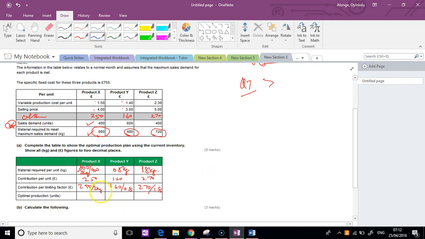When you do these, you should get 1.25, 2, and 1.5.